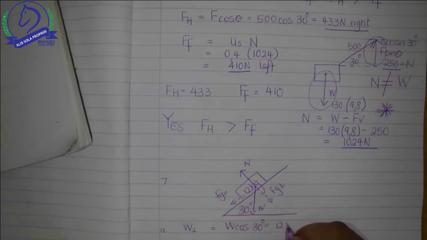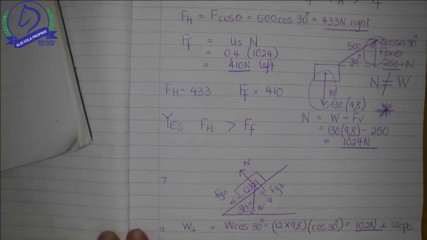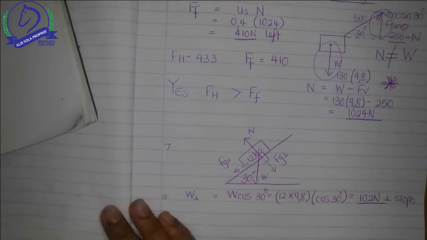We work out our W times 9,8 multiplied by cos 30, and that gives us 102 newtons perpendicular to the slope. Okay, we're just plugging and playing with formulae here.